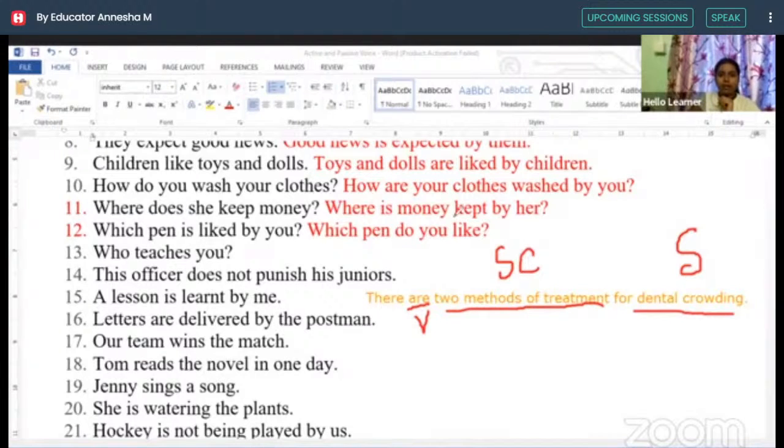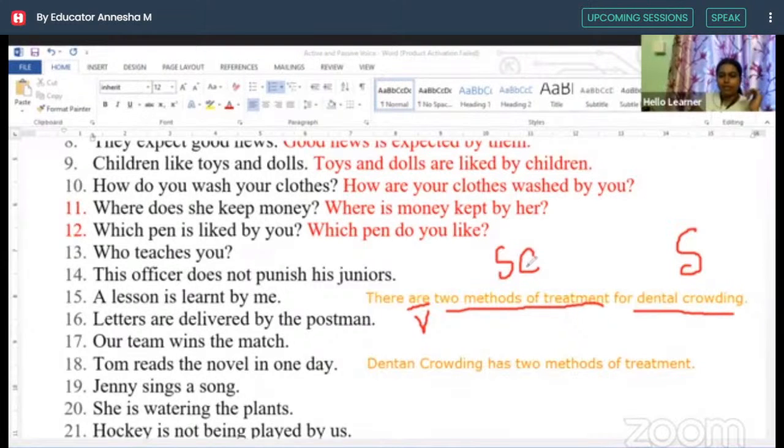If I were to write this sentence with the subject at the beginning, what will be the sentence? Can you try? Dental crowding, yes, has two methods of treatment. Very good. See, both of these sentences have the exact same meaning, right?